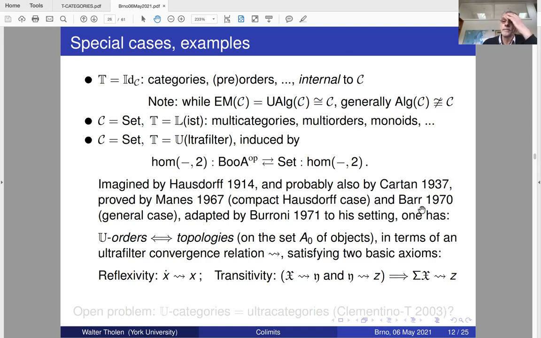Barr shortly later said, okay, if you don't take a map but just a relation, saying an ultrafilter might or might not converge, and it might converge to more than one point, then subject to relational algebra axioms, we will get precisely topological spaces. But I think the history goes further.